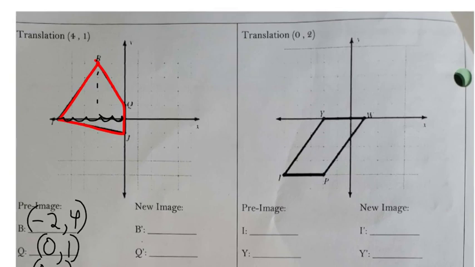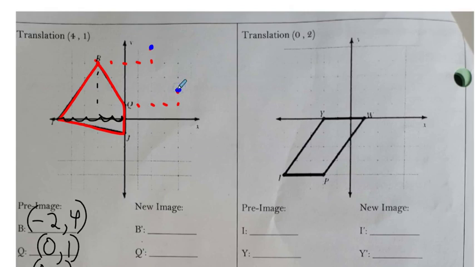Now, it wants us to move 4, 1. So we're going to move each of these points 4 spaces right and 1 up. So 1, 2, 3, 4, 1. I'll put that in a new color right there. Okay? And then from Q, 1, 2, 3, 4, 1.